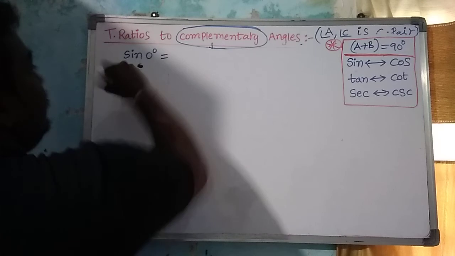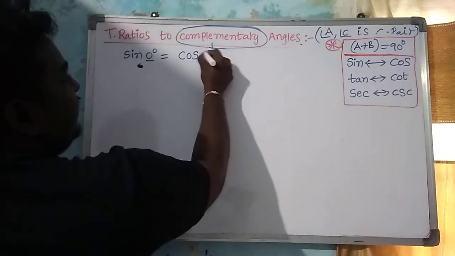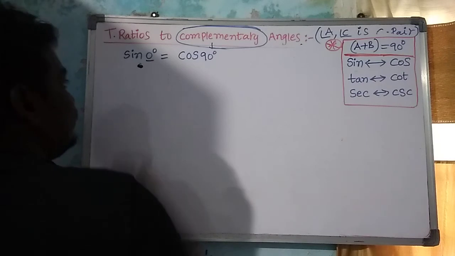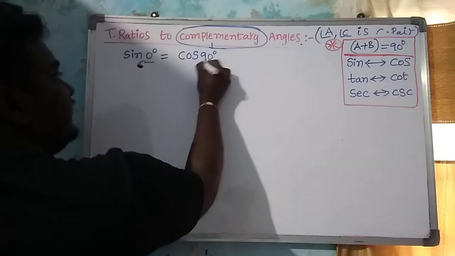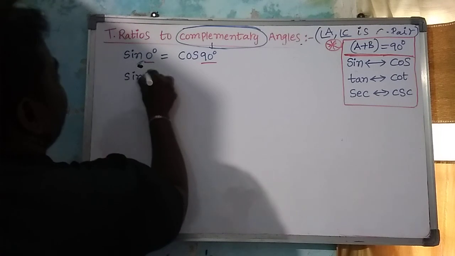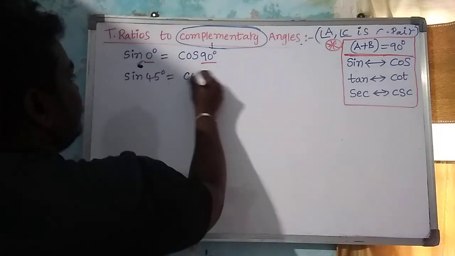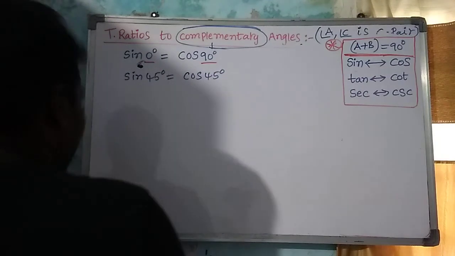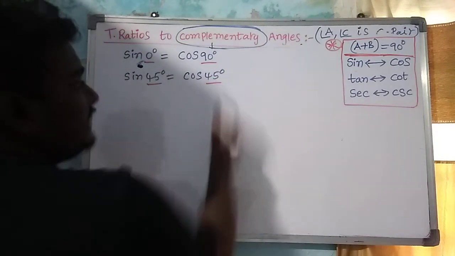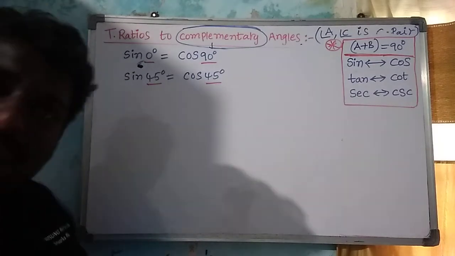What about cos? Cos 90, 0 plus 90, 90, right? Very good. Next, what about sin 45? Now I am generalizing. Sin 45 is nothing but cos 45, because 45 plus 45 sums to be 90. 0 plus 90 sums to be 90. 45 plus 45 sums to be 90.